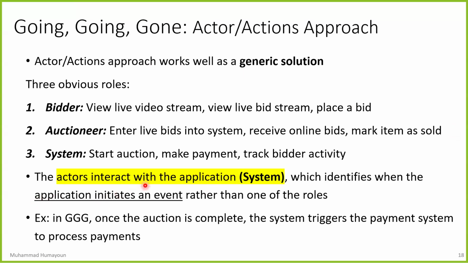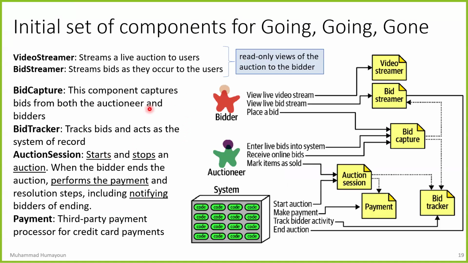These actors interact with the application or system, and through that, the system will initiate events and implement some workflows. Let us see what we can end up with for this bidder, auctioneer, and system actors. Let's try to consume it slowly.